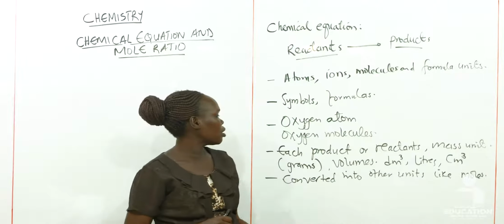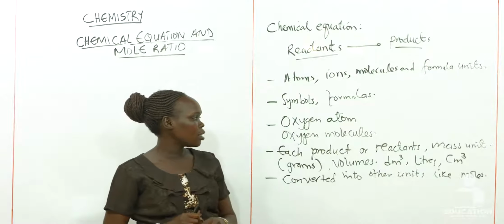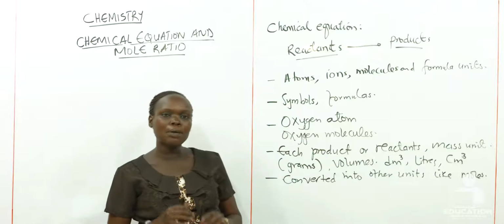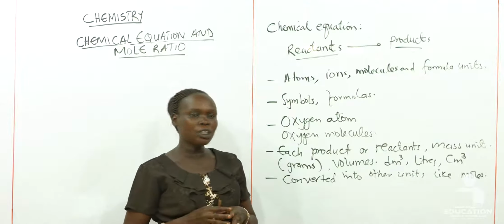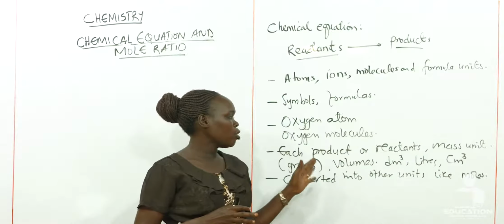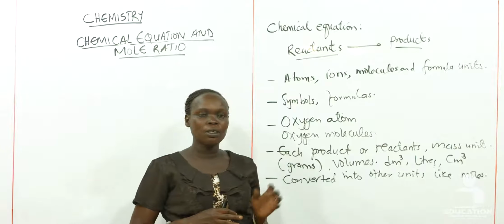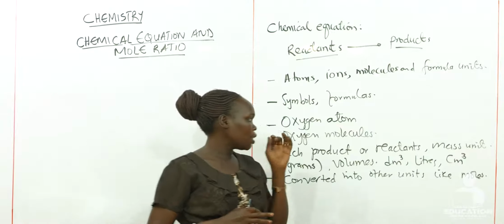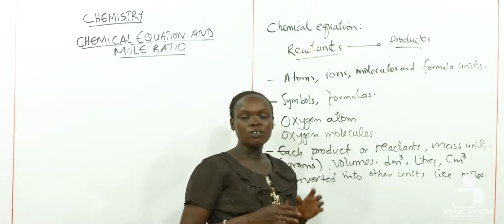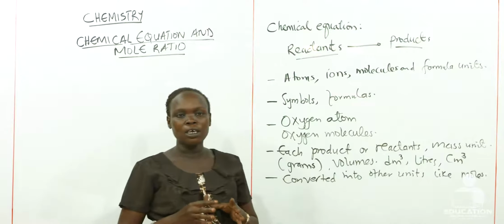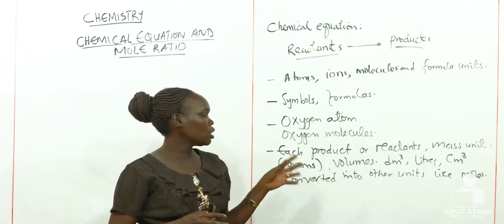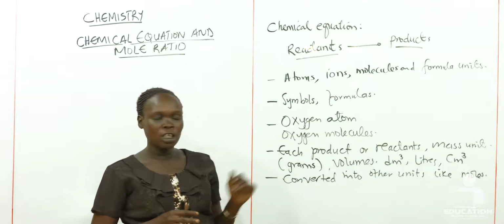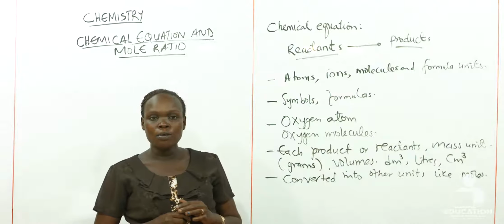So learners, each product or reactant can be represented by a mass unit or a volume unit. For volume units we have decimeter cube, liters, and centimeter cube. For mass units we can have grams, and these units can be converted into other units such as moles.